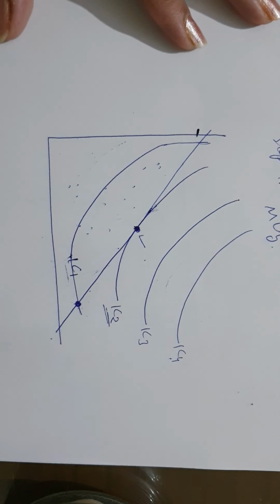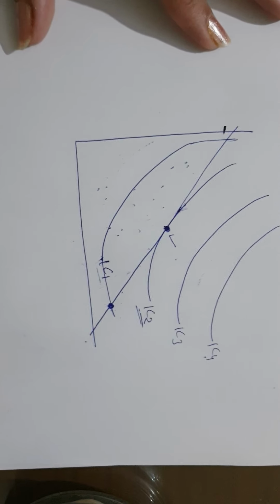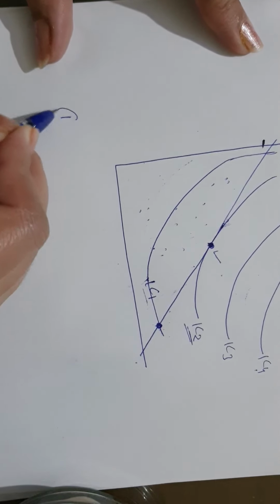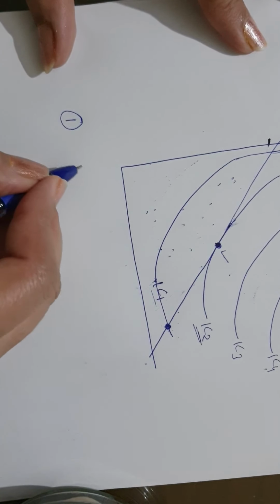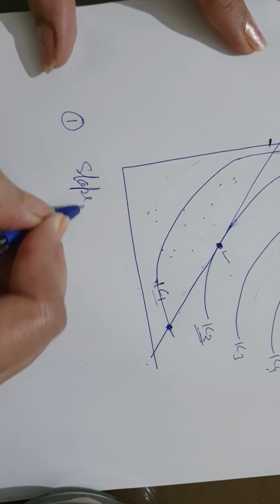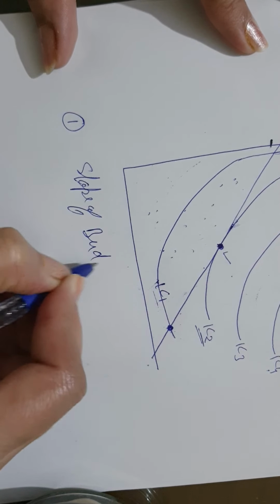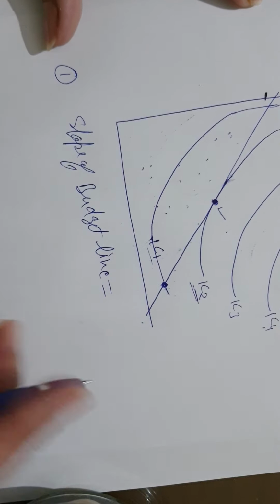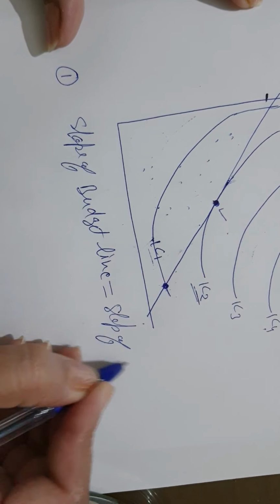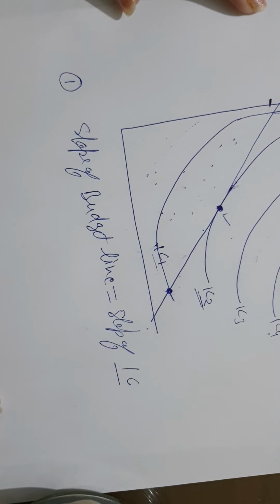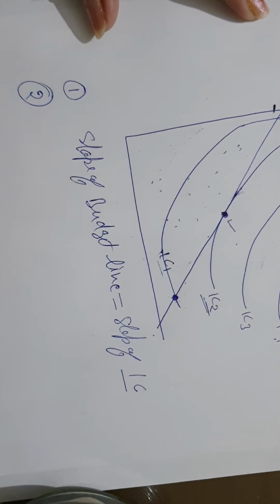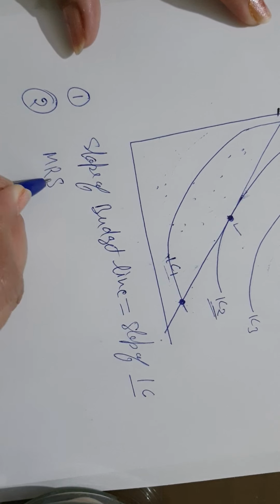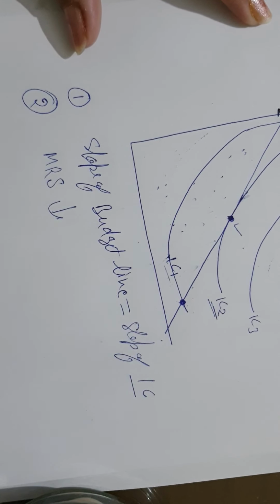To find out the equilibrium level of a consumer, there are two conditions. First order condition will be slope of budget line should be equal to slope of indifference curve. Second order condition will be marginal rate of substitution should be decreasing.